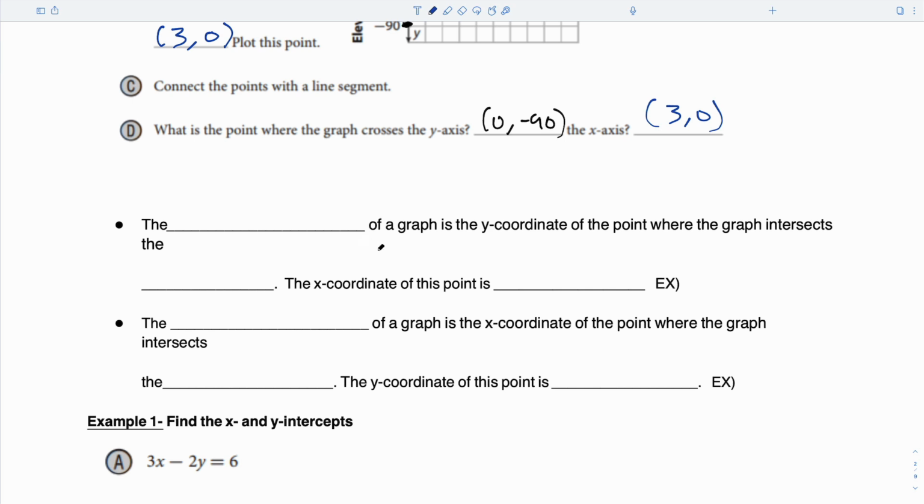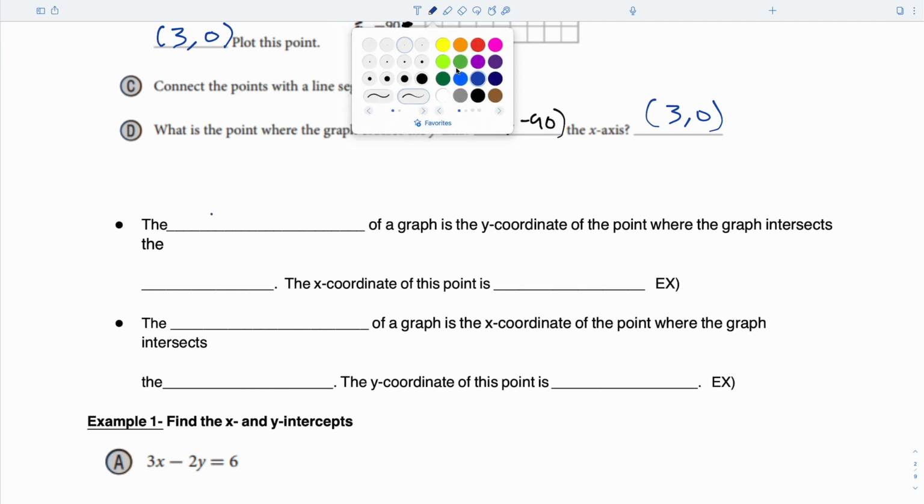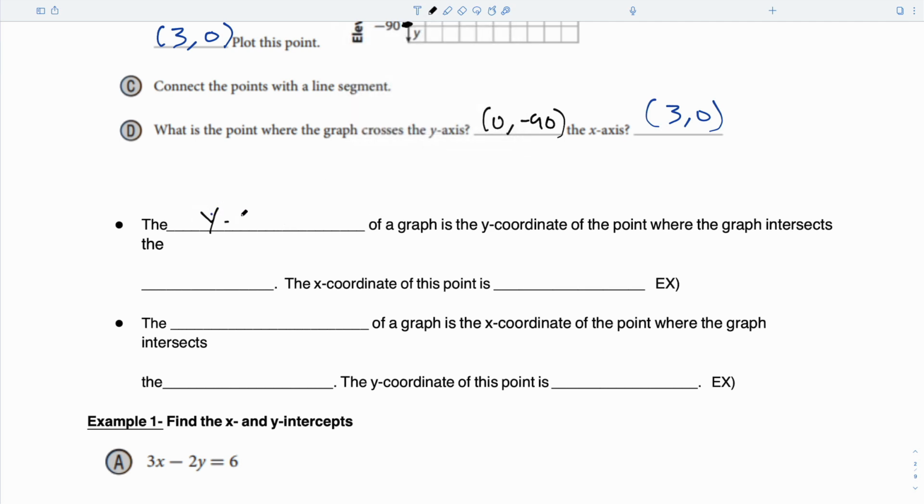The y-intercept of a graph is the y-coordinate of the point where the graph intersects the y-axis.